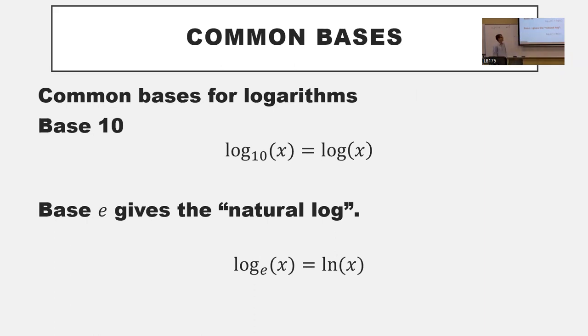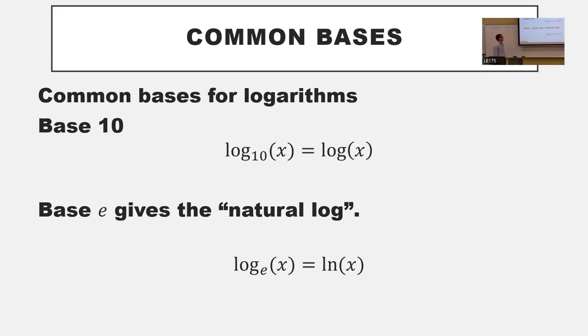If I have log base 10 of x, notationally what people do, if it's base 10, they just leave off the actual 10. If you see log without a subscript for the base, you assume that the base is 10. So it's the common log.